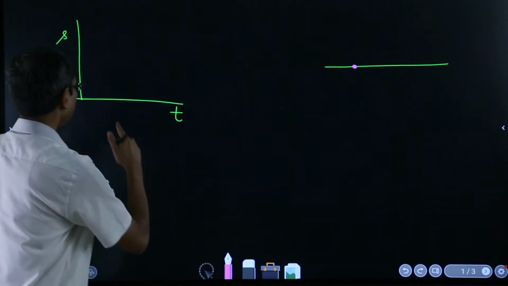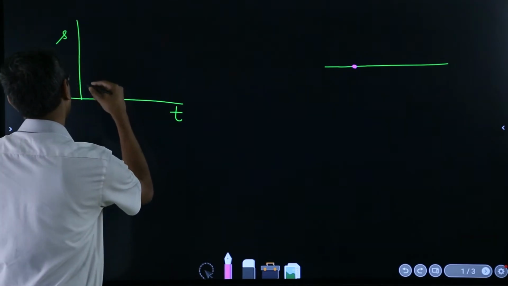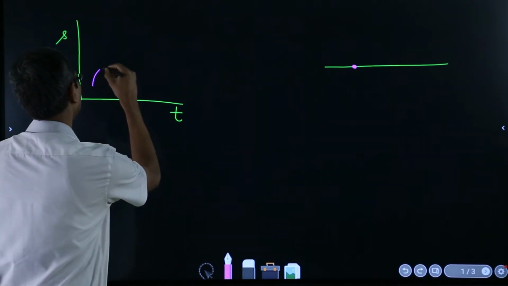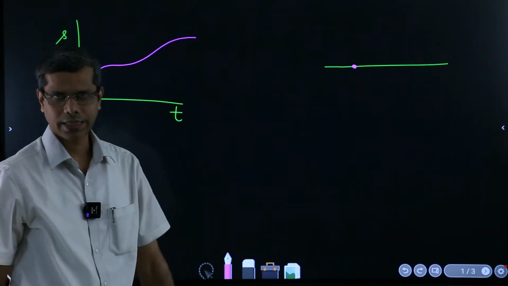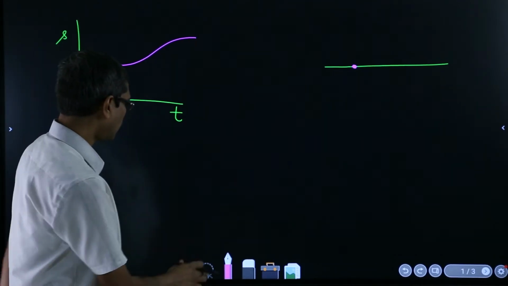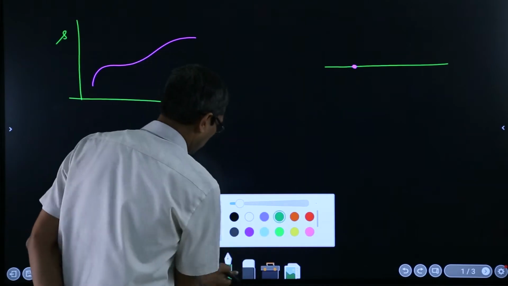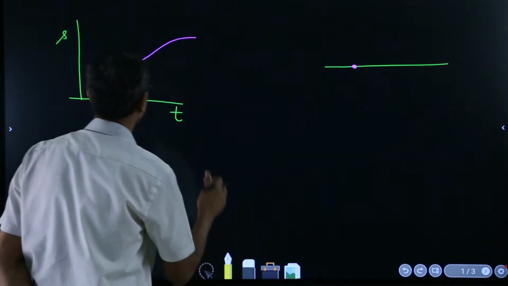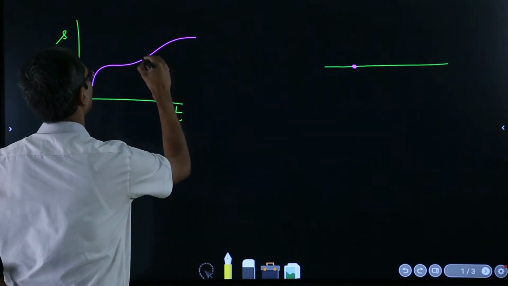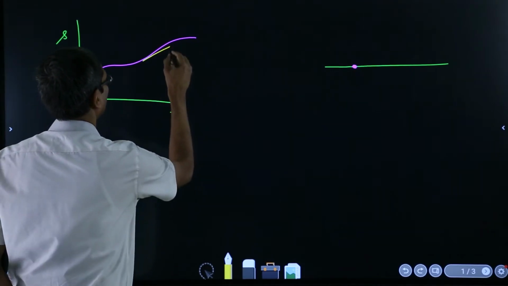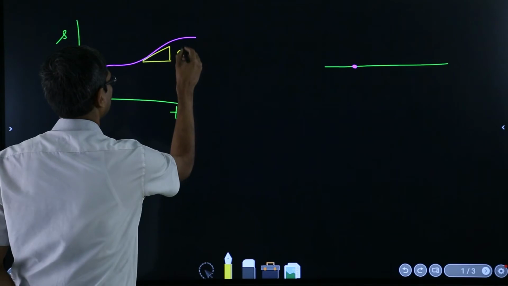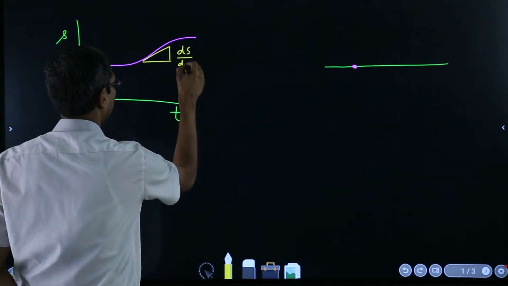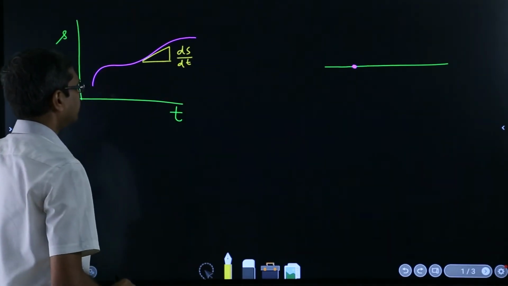Then if we draw the curve between this position and time, all of you know that the slope at any point, if you think of a triangle like this, is nothing but ds over dt, and that will give you the velocity.